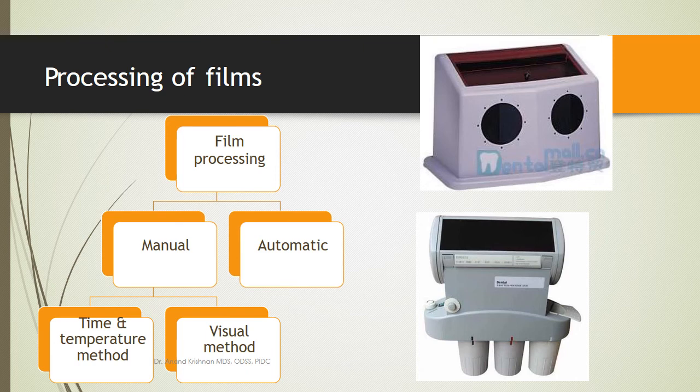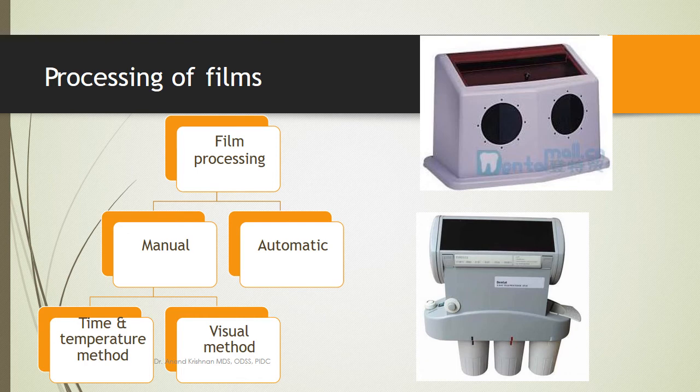To briefly tell you about automatic processing, there is nothing much. All the chemicals are loaded into the apparatus. The automatic processor image is on the right, the lower image. All the chemicals are already there. All you have to do is put your hand inside the processor, under darkness, peel off the packet, remove the film, and drop it into a slot.